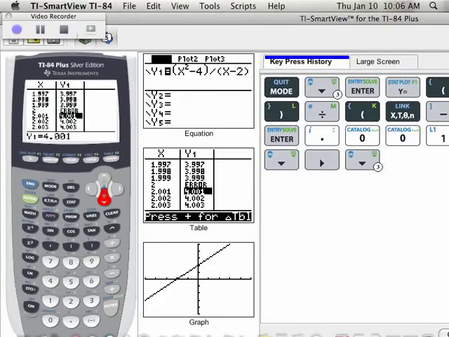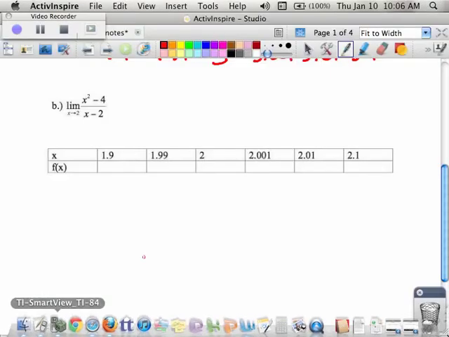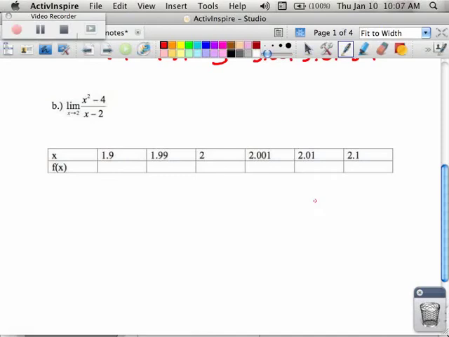So when I go back to my notes over here, we did different values in here, and the answer is going to be, what was it? 4. Now why is this?